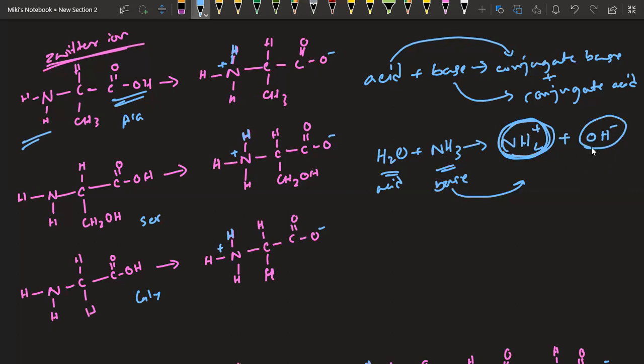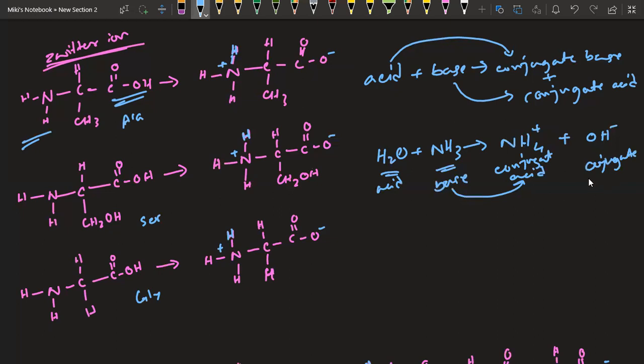Here we have a deficiency of H plus. That means it is willing to gain H plus. Now the component which is willing to gain H plus acts as a base, isn't it? So this base, ammonia, reacted to form a conjugate acid. However, this water, since this is an acid, reacted to form what? Conjugate base.